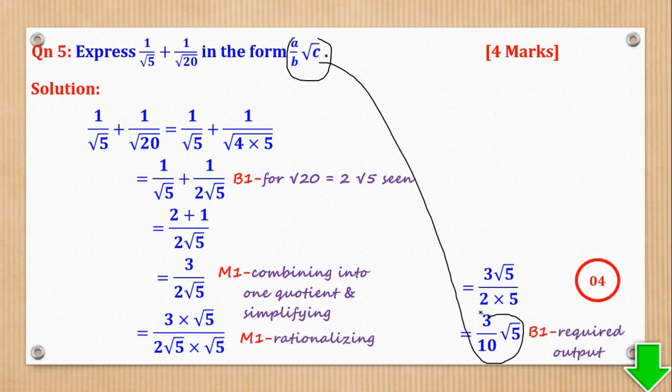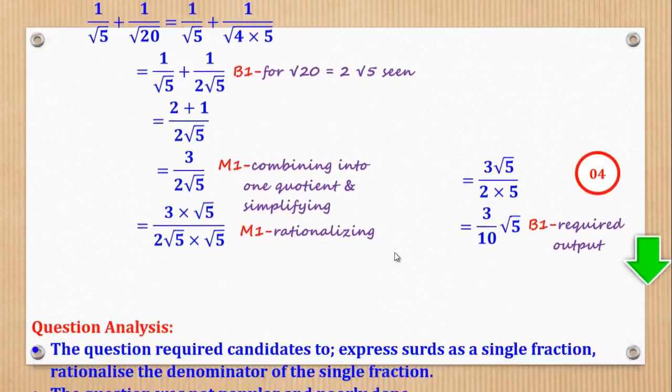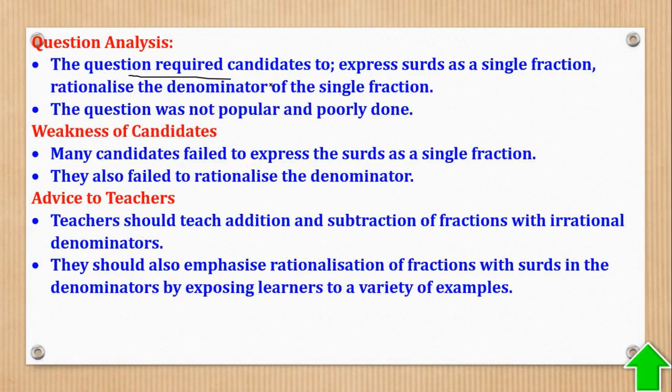So basically that is how you could get the 4 marks. So the question required candidates to express surds as a single fraction, and rationalize the denominator of the single fraction. So the question was not popular and poorly done.